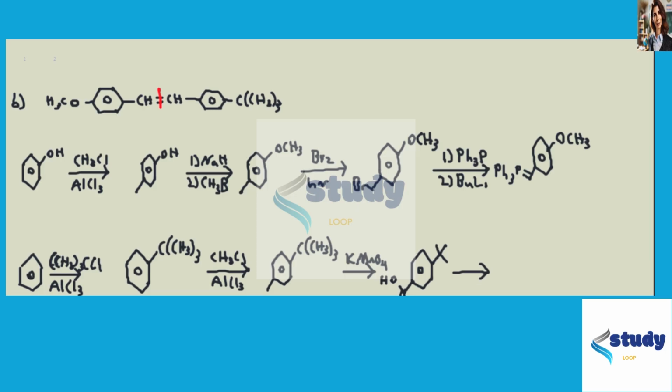And then, I don't want to put this all on a third page. So what I'm going to do is sort of combine steps here. So lithium aluminum hydride and then a water workup is going to get us to the primary alcohol.